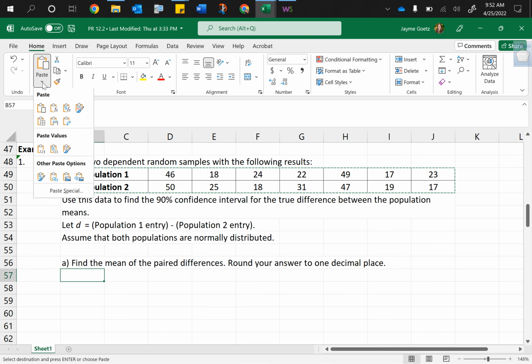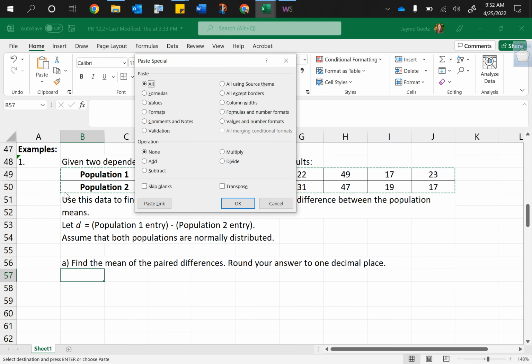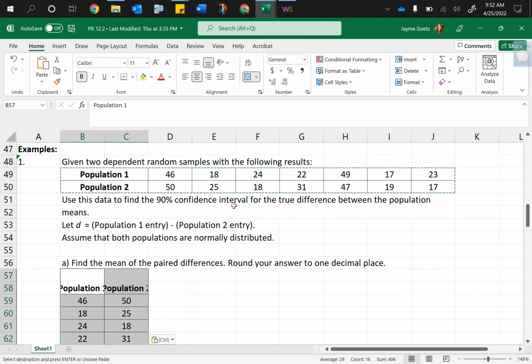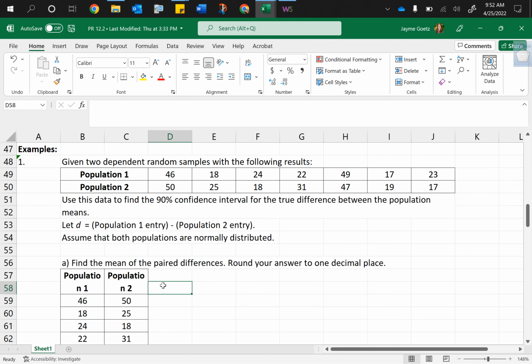You're going to go to Paste, that drop down, and then Paste Special. And then I want you to transpose it. Transpose it. I said translate earlier. I meant transpose. Now, if this bothers you, you can wrap the text or whatever you want to make it easier to read.